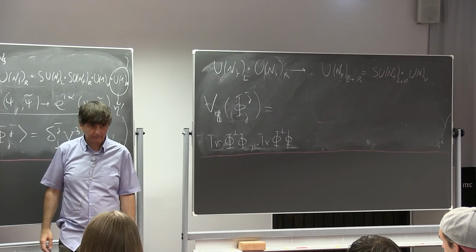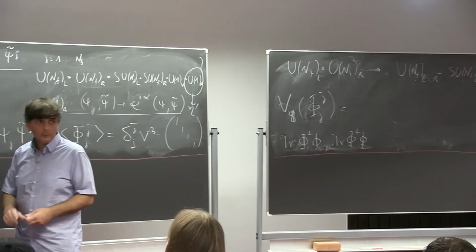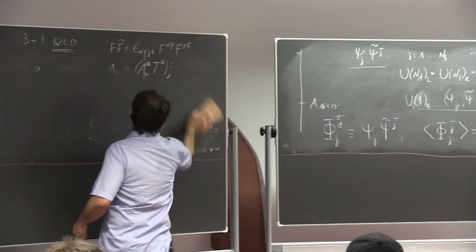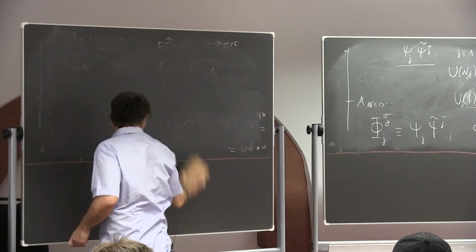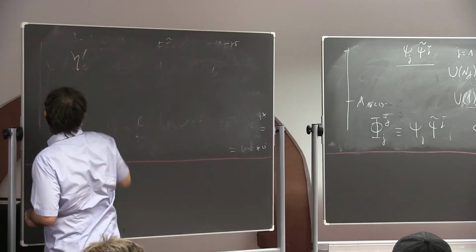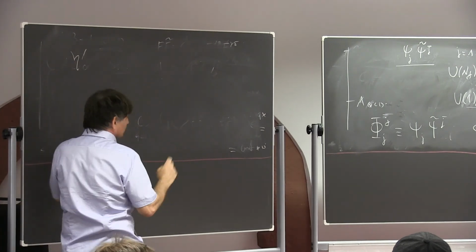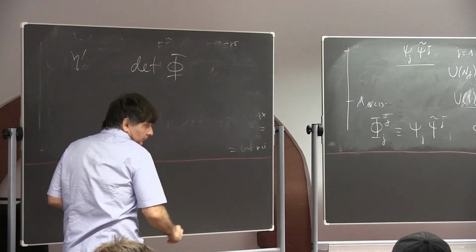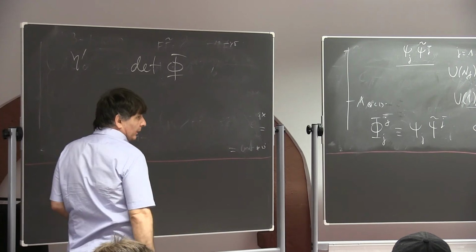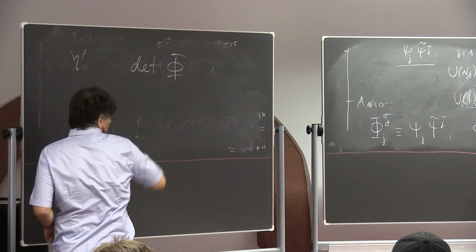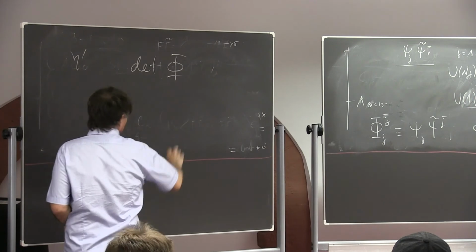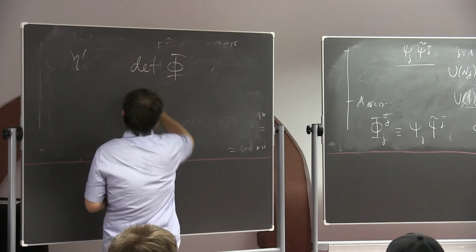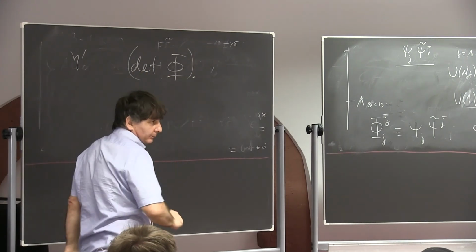In other words, eta prime is a Goldstone boson that corresponds to the phase rotation of the determinant of phi. That's the way we can parameterize it. So this is eta prime. When I do a U(1) transformation, the Goldstone mode corresponding to the change of the phase of the determinant, that's eta prime.